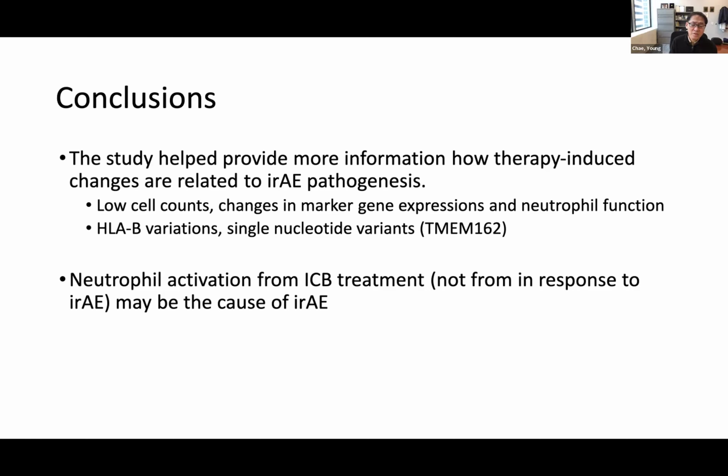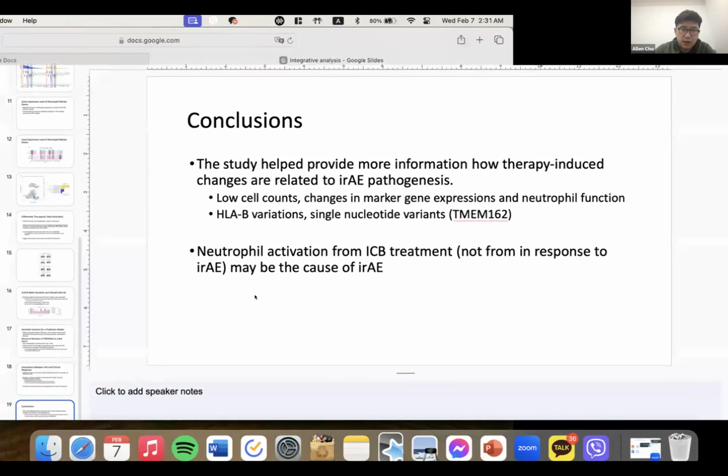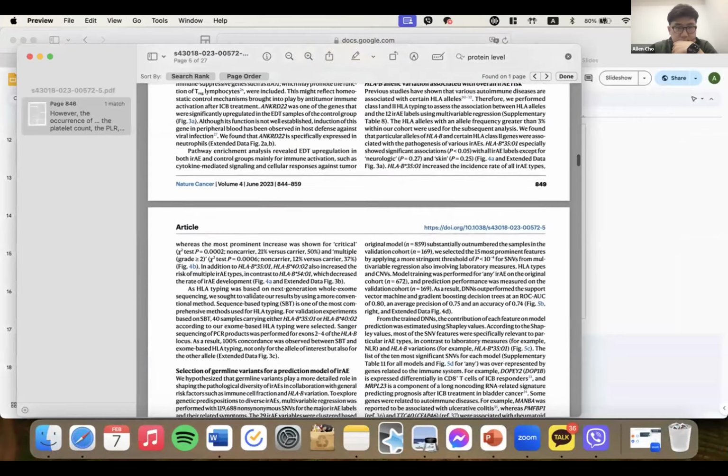Yes. So did they show evidence that neutrophil is activated by starting the treatment? Can you show that? I don't believe that actually.